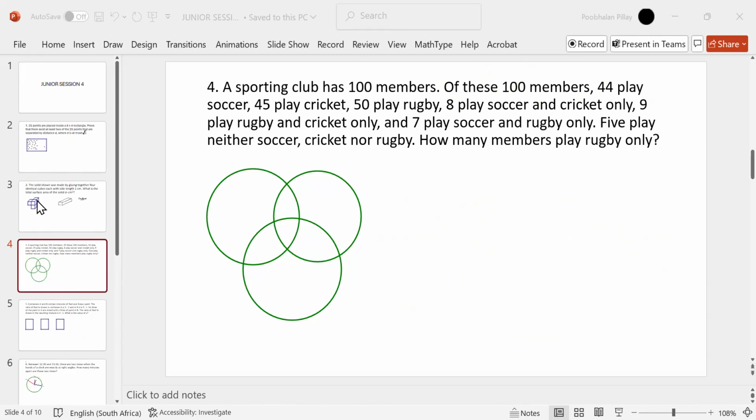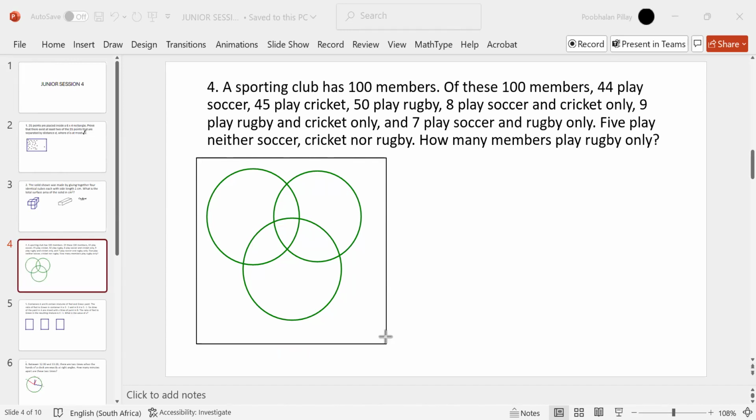So this looks like a very complicated problem, but I've drawn a little diagram here which will help you a great deal to solve it. What I've drawn here outside is the sporting club. So I'll put the full club outside here.